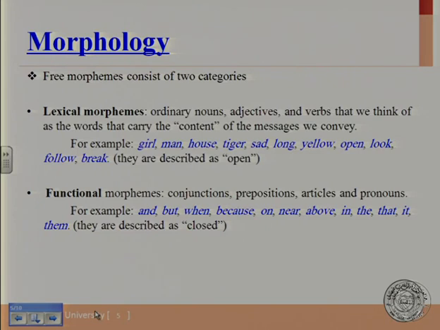The functional morphemes are conjunctions, prepositions, articles, and pronouns. For example, words like and, but, when, because, on, near, above, and so on, are free morphemes and functional morphemes, and they are described as a closed class.